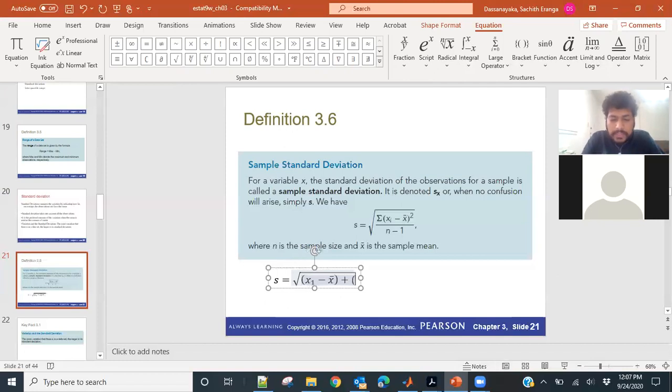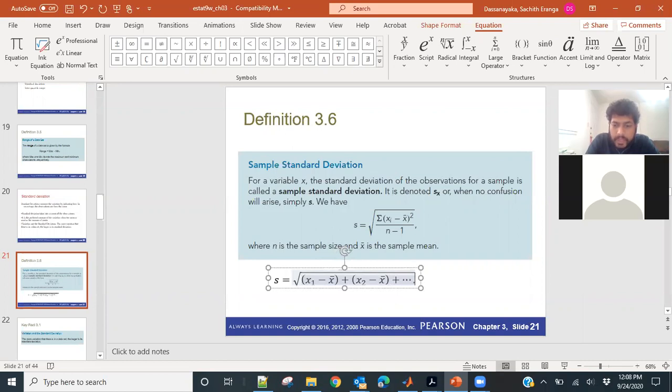So x2 minus x bar. Likewise you can go up to n.